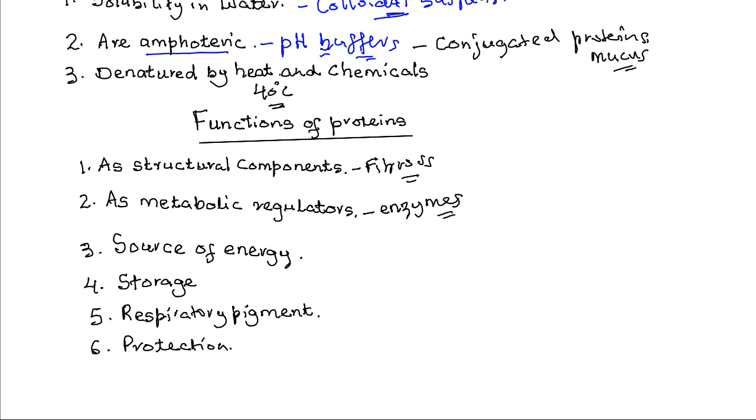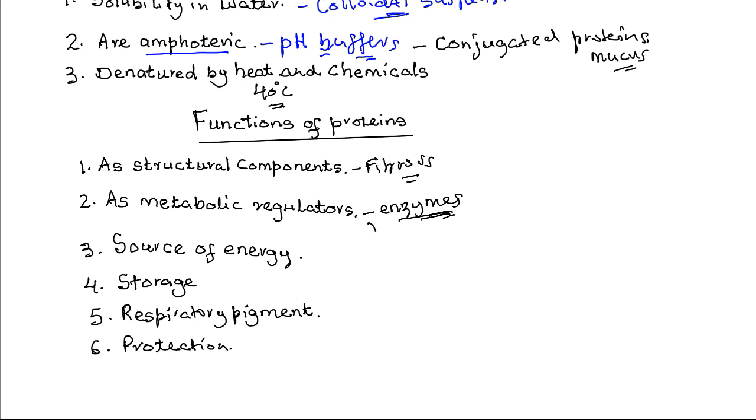Now, enzymes are protein in nature and they control biochemical reactions in the cells, such as respiration. They control photosynthesis. They control synthesis of other compounds in the body. So enzymes, being protein, play a very important role in regulating and controlling many biochemical reactions.